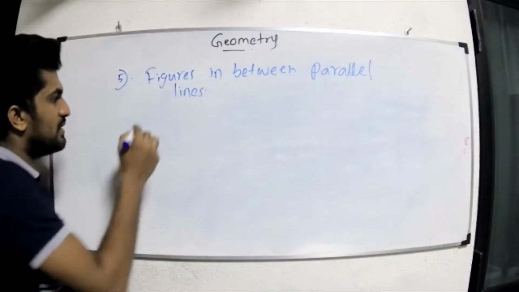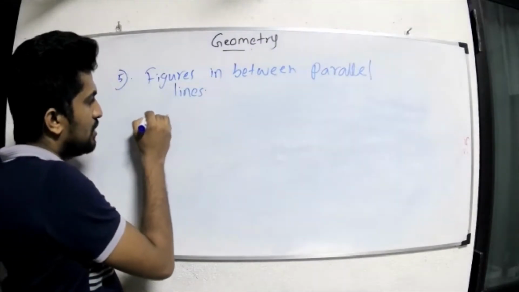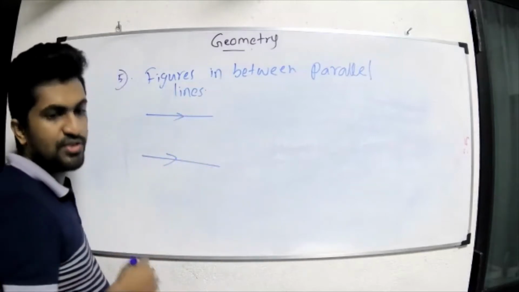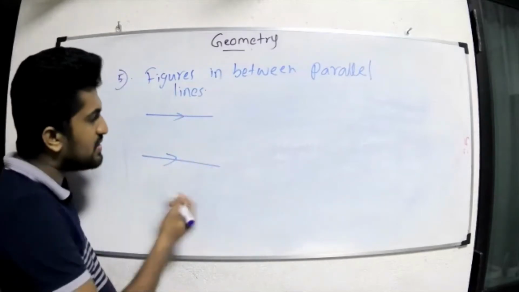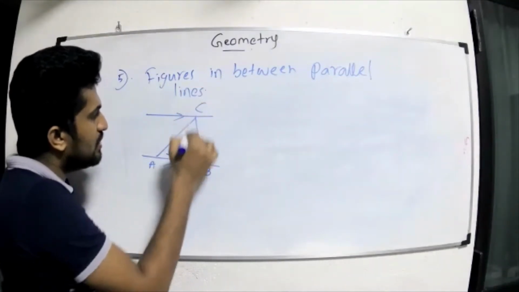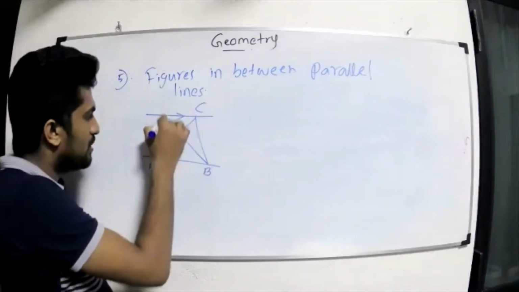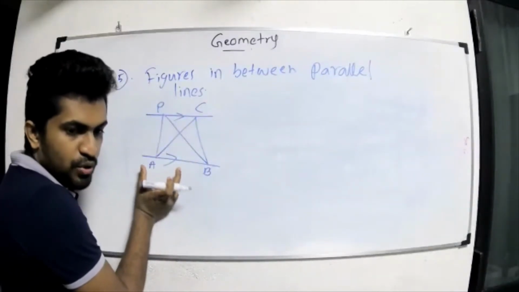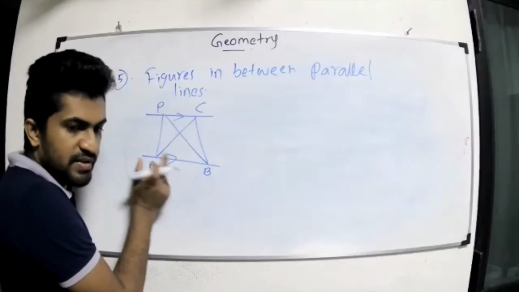If I consider triangles in between the same parallel lines, not so easy. Two triangles ABC and ABP. You can see both of these two triangles have the same base.